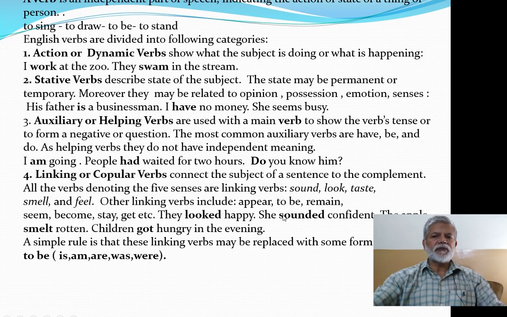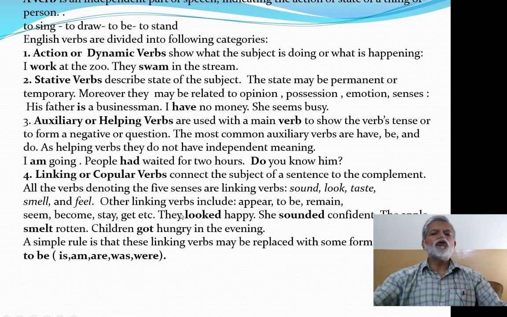Sounded is a linking verb here because in both cases you can see that these verbs are just connecting the subject to these adjectives, happy and confident. The apple smelled rotten. Here again, smelled is a linking verb. Children got hungry in the evening. Got is a linking verb here.